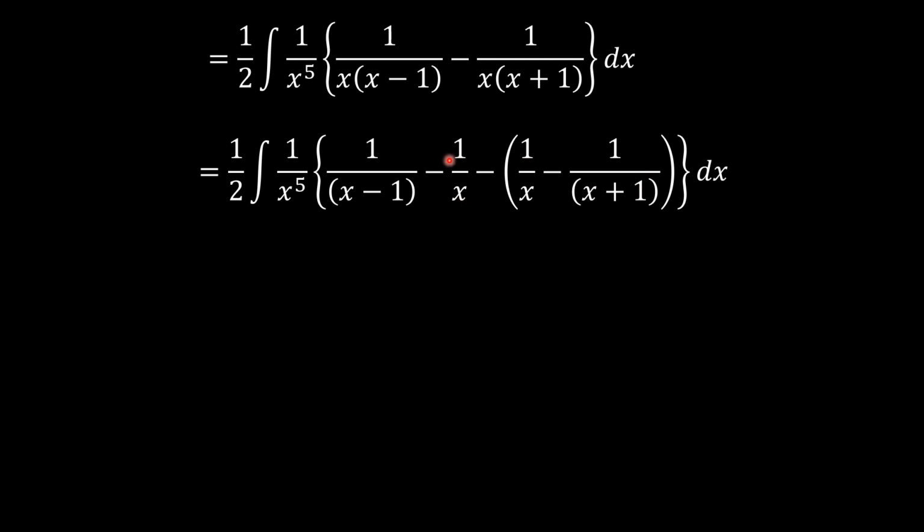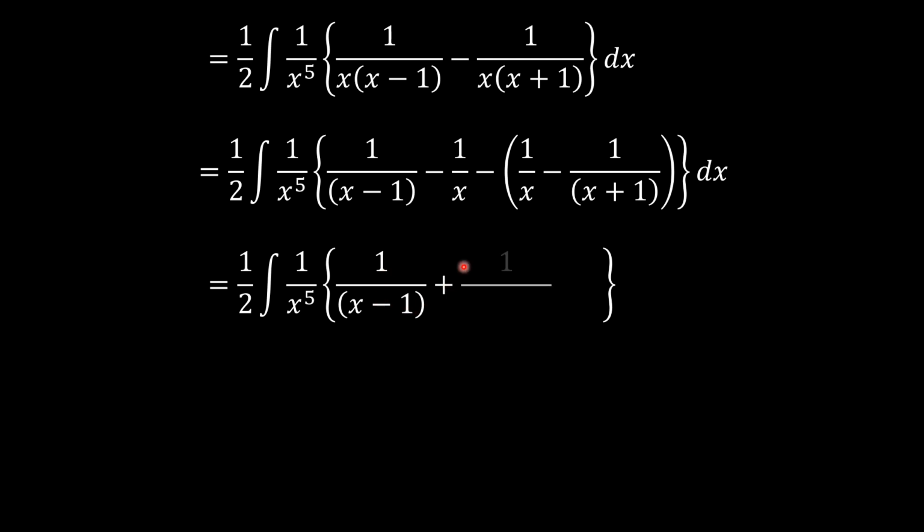And as you can see, we have negative 1 over x minus 1 over x, so this binds together and becomes 2 over x. Then this minus minus here means we have a plus 1 over x. So we can re-express that as half the integral of 1 over x to the 5th, open bracket, 1 over x minus 1 plus 1 over x plus 1 minus 2 over x.